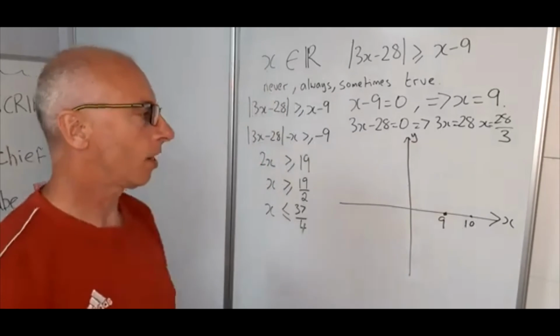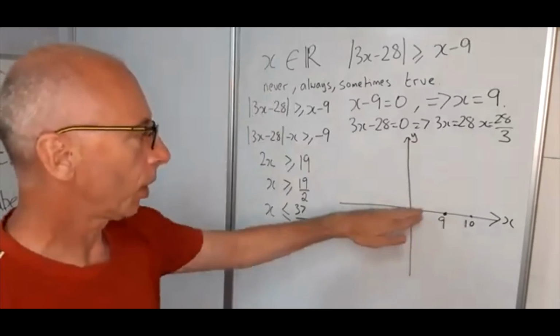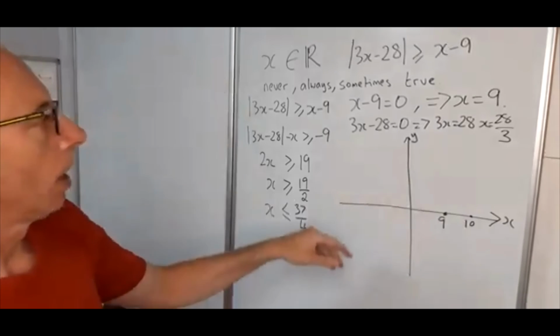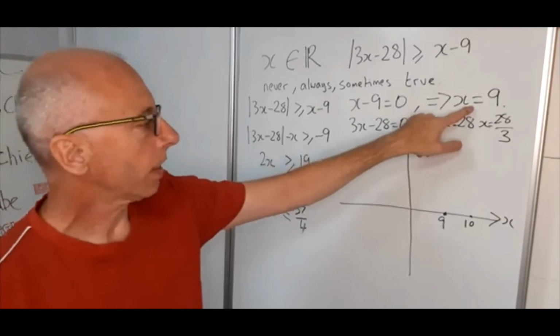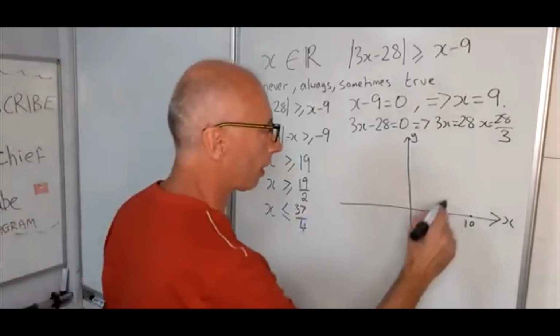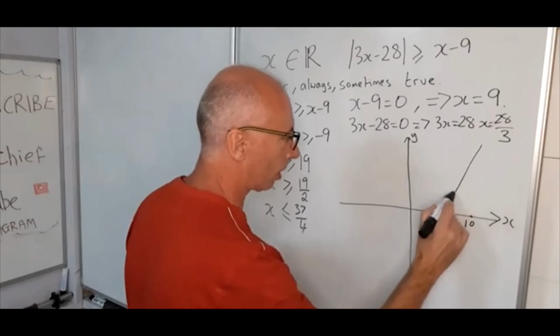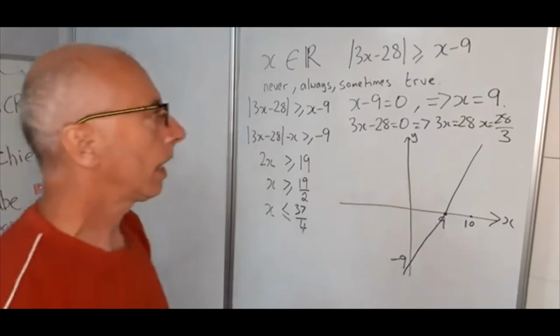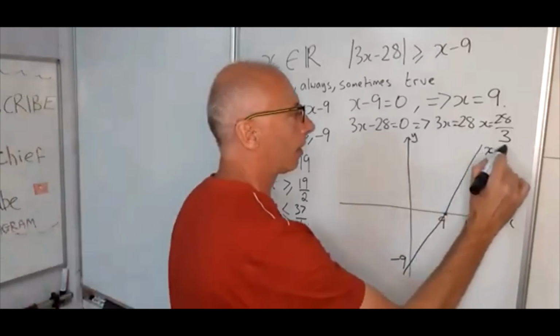Now we know this is not to scale, because that's definitely not going to be the right gap, but this is the bit that we're interested in. So x minus 9 crosses the axis at x equals 9, and it will hit y at minus 9. So this is going to go something like this. That's our x minus 9.